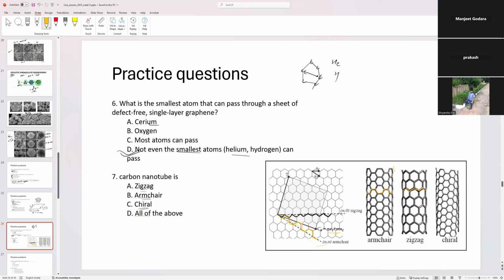So you want to see this one, these hexagonal rings are stacked vertically, right? In this one, they're at an angle, and also they are horizontal.